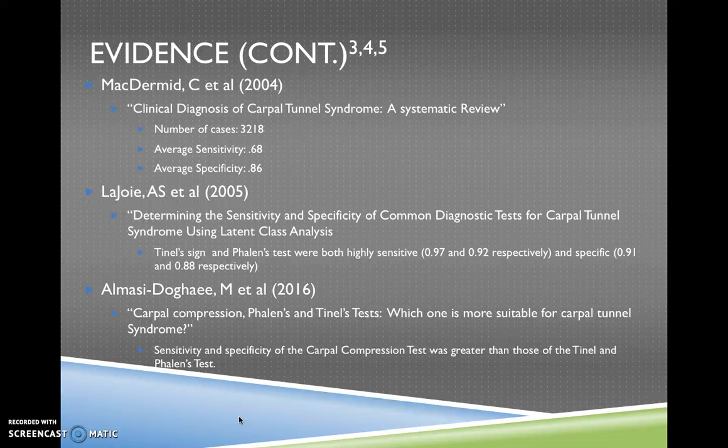In a final and recent study by Almasi-Dooghaee et al. in 2016, however, the carpal compression test was found to be most suitable for carpal tunnel syndrome. The calculated sensitivity and specificity for the carpal compression test was 80.6% and 52.9% respectively.